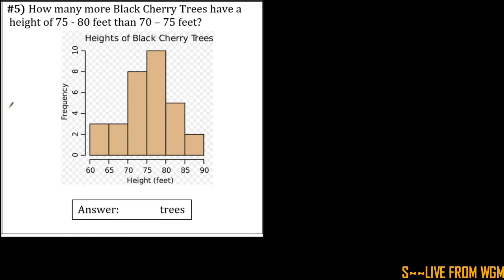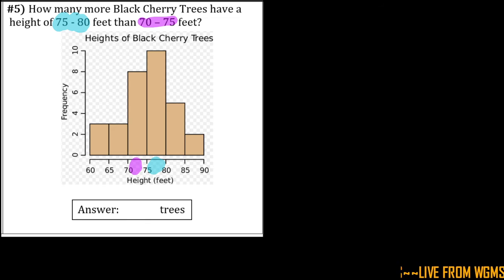And then lastly, I have this. It says, how many more black cherry trees have a height of 75 to 80 feet more than the 70 to 75 feet? So let's highlight and identify what we need. So let's say 75 to 80 feet. So it is this section here. And then I have 70 to 75 is this section here.